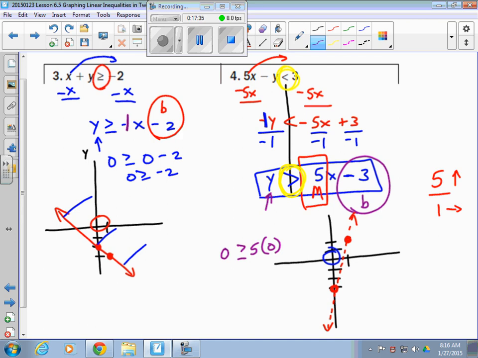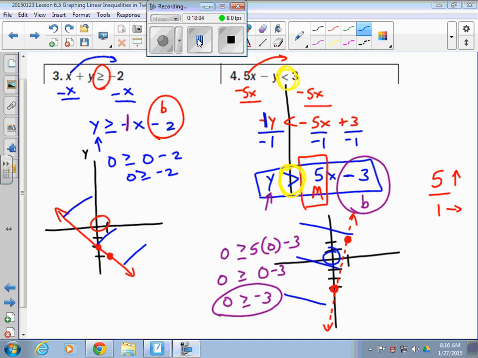So you can say 0 is greater than 0 minus 3. So 0 minus 3, 0 is greater than negative 3. Check the truth value of that statement. Is 0 greater than negative 3? Is the big mouth eating a big number is the question. Yes, it is. So you shade towards 0, 0, and that's what your graph should look like.